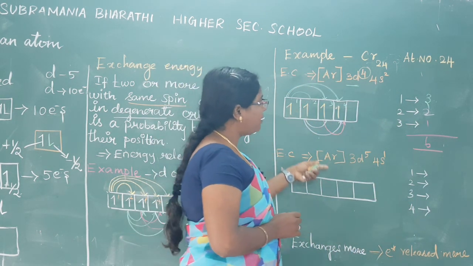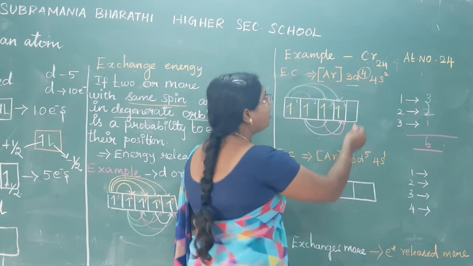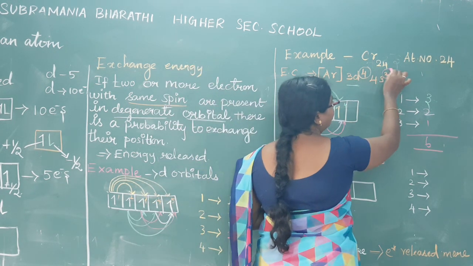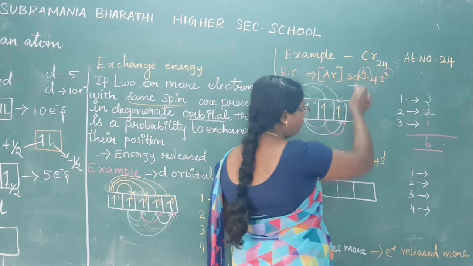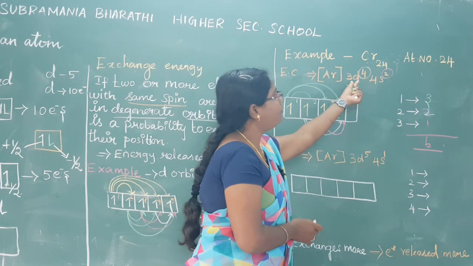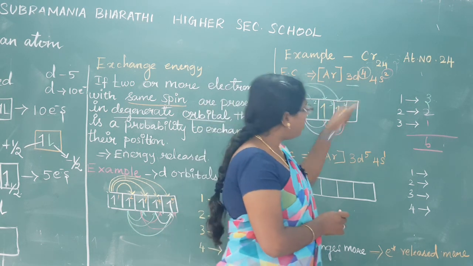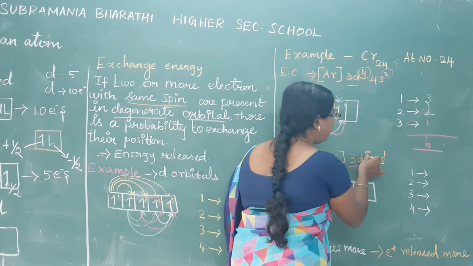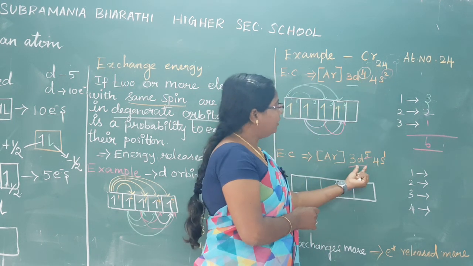Let me write the same example here. Here, in order to attain the stability, one of the electrons from the S orbital is shifted to the 3D orbital. Here we are having 3D4, in the sense it is partially filled, and in order to attain the stability, the half filled configuration, one of the electrons is shifted to D orbital.